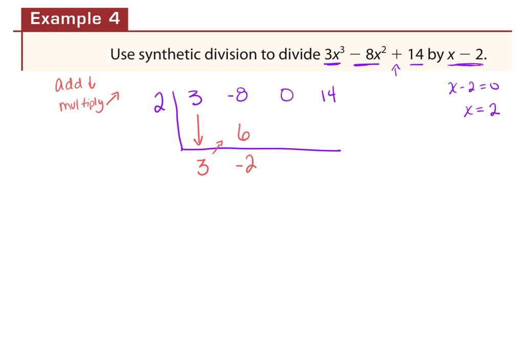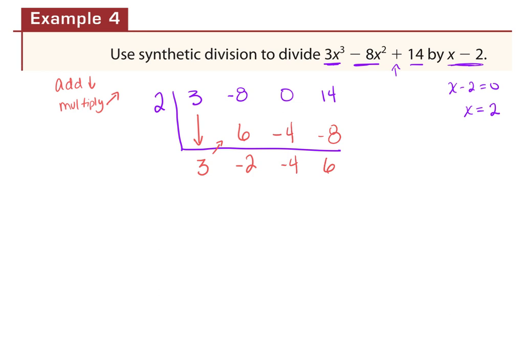Then I'm going to say 2 times -2 gives me a -4. 0 plus -4 gives me a -4. And then 2 times -4 gives me a -8. All right? Then I'm going to add down 14 plus -8 gives me a 6, all right?